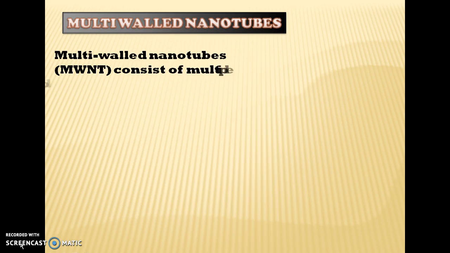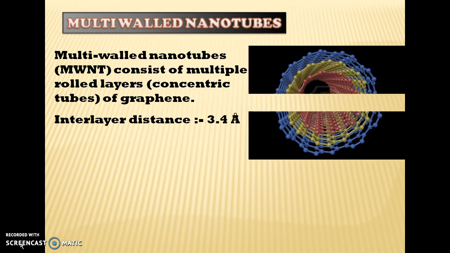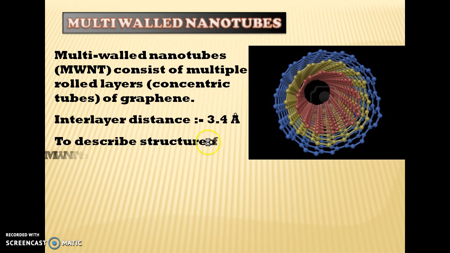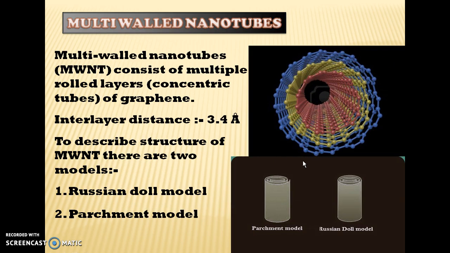A multi-wall nanotube consists of multiple rolled layers, or concentric tubes, of graphene. As you can see here, layer after layer. So the concentric form is there, and the interlayer distance, this layer to this layer, should be 3.4 angstroms.